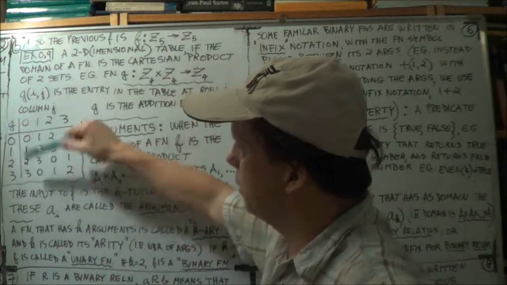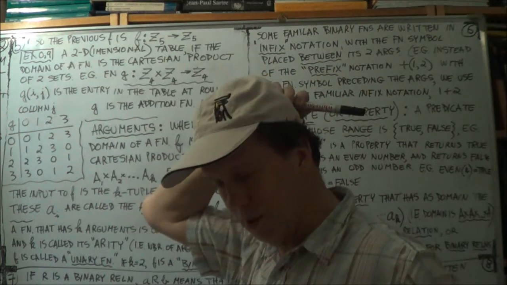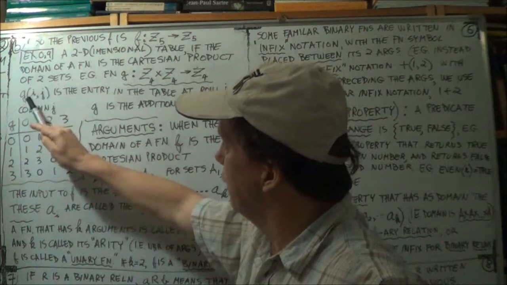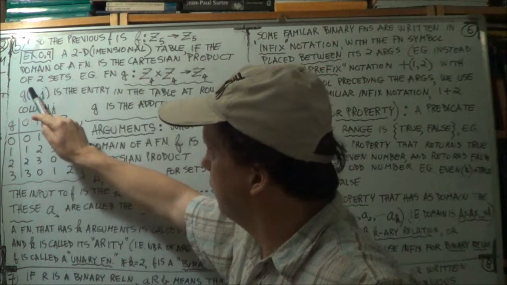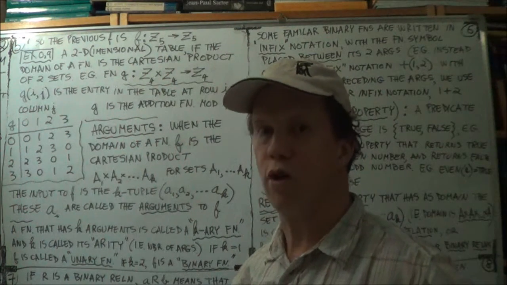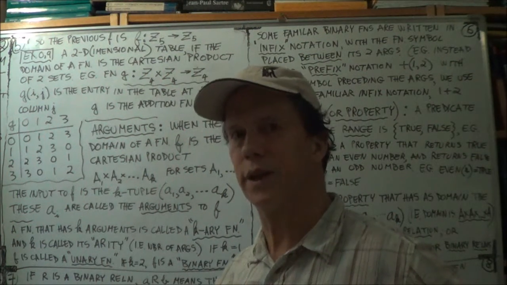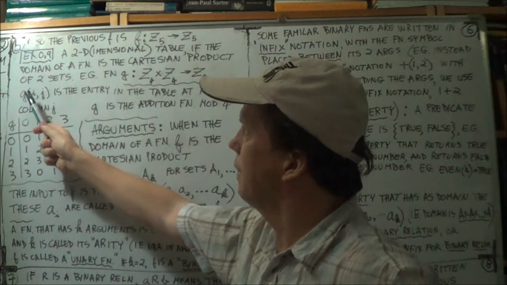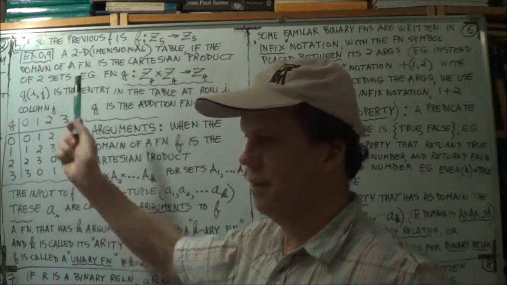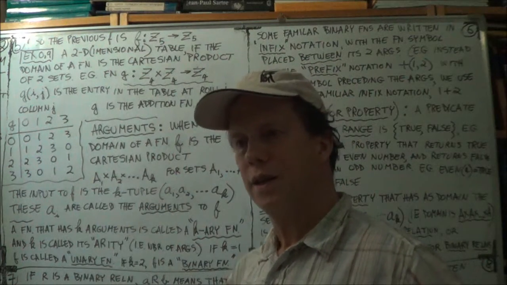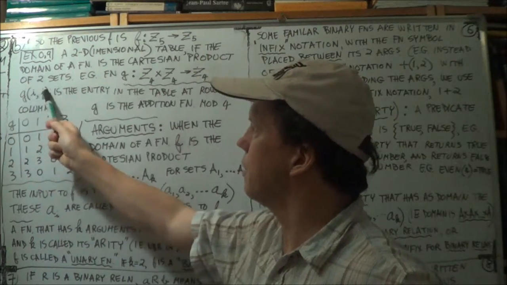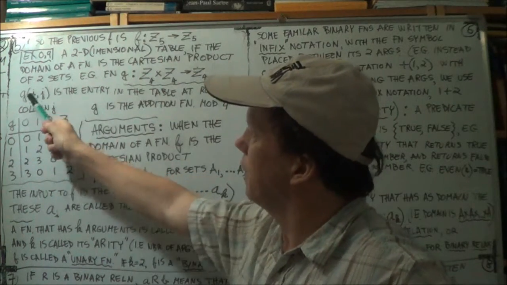Now, how to remember whether you do the row or the column first? Well, my way of remembering it is RC. I just remember it as Roman Catholic, RC. R stands for row, and C stands for column, RC, Roman Catholic or row column, row first and then column.